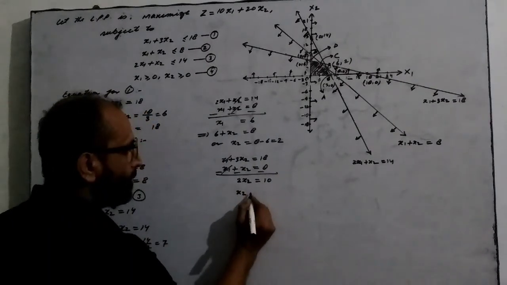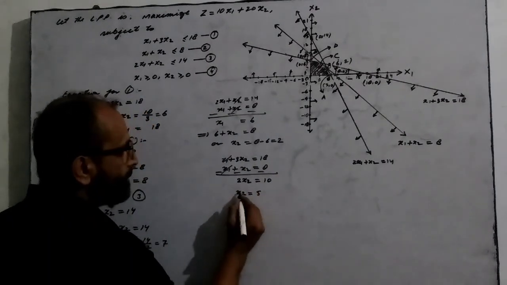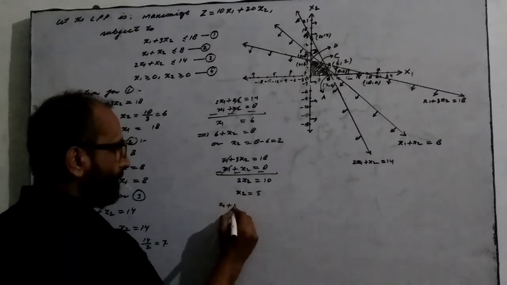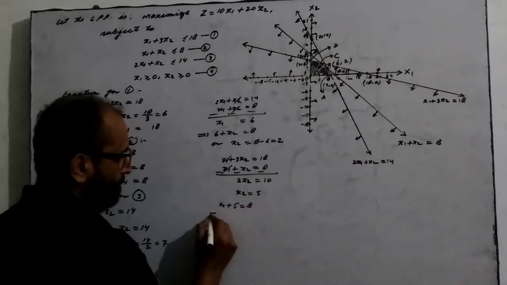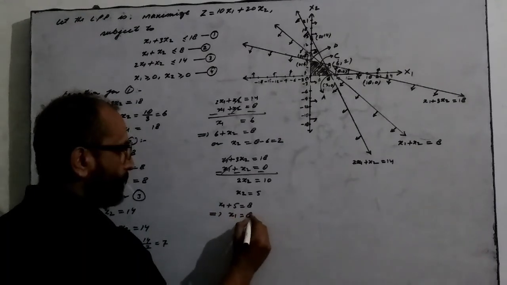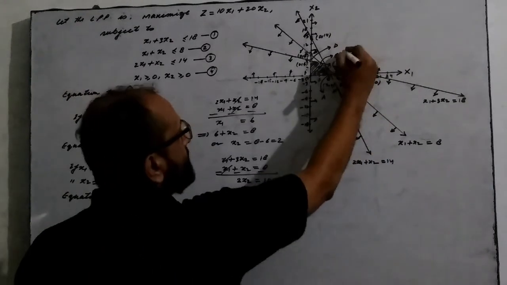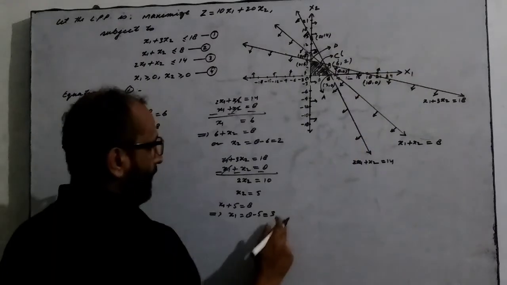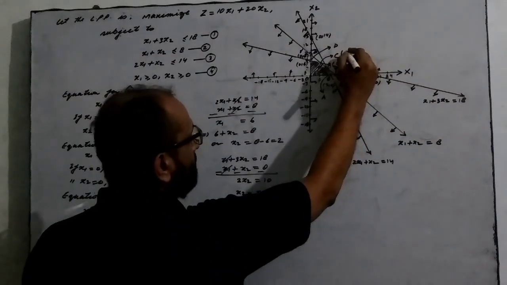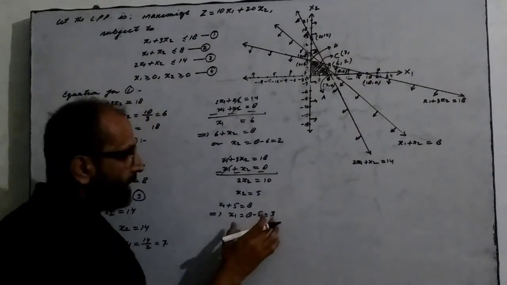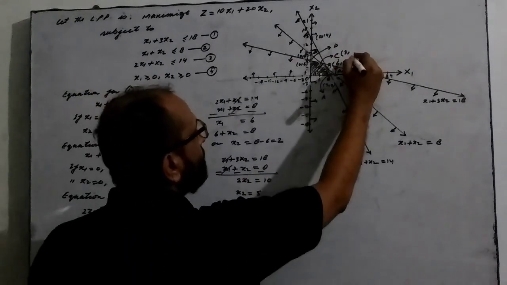So x2 is equal to 5. Substituting the value of x2 in this equation, we have x1 plus 5 is equal to 8. It implies that x1 is equal to 8 minus 5, which is 3. So the coordinates of C are 3, 5.